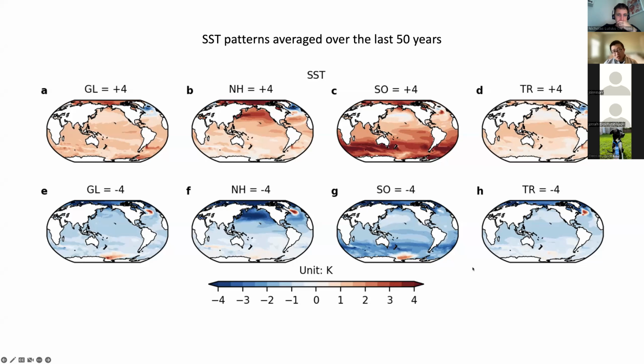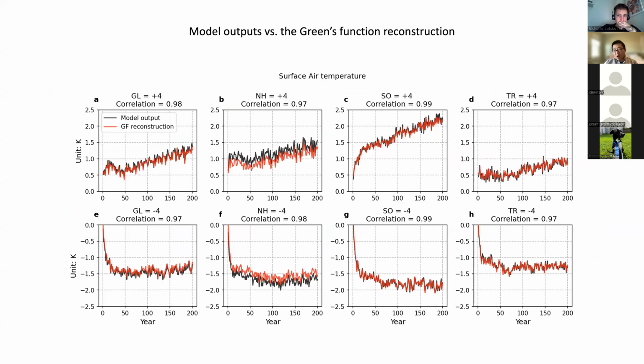Given these different SST patterns and global mean responses, we are wondering whether the SST patterns are associated with the global mean surface air temperature response. Naturally, since we already have the Green's function, we further use the Green's function to reconstruct the global mean surface air temperature. In this figure, the black solid lines are for the model output, and the red solid lines are for the Green's function reconstruction.